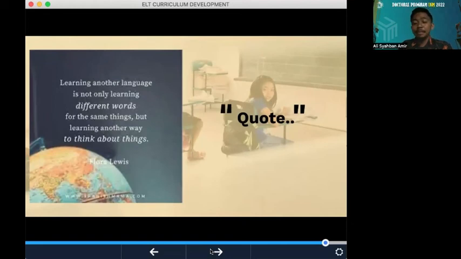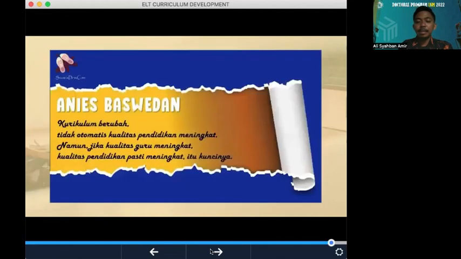It means that we have to think more about the way to deliver the learning process, the way to find strategies, the way to make the learners understand what we taught. The next quote is from Anies Baswedan: bahwa kurikulum berubah.